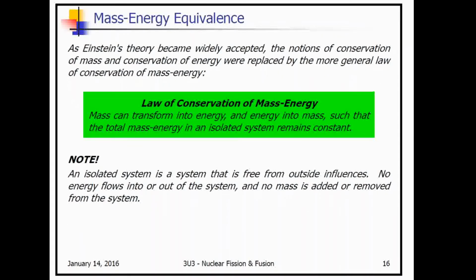I'd like you to copy down what's in this green box here. This is the law of conservation of mass-energy. It says mass can transform into energy and energy into mass, such that the total mass-energy in an isolated system remains constant.